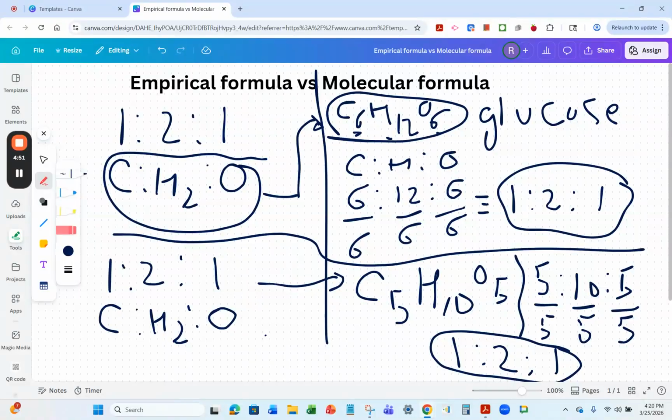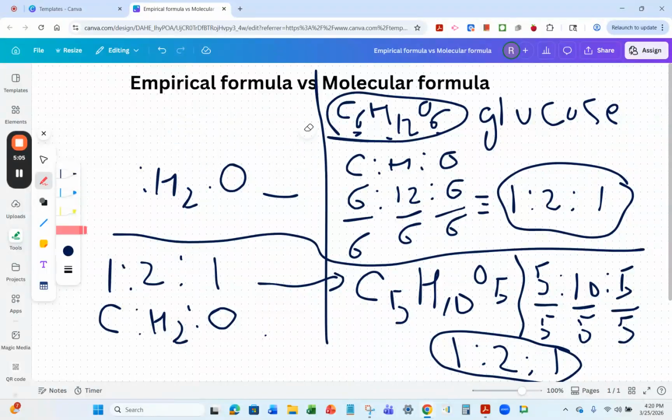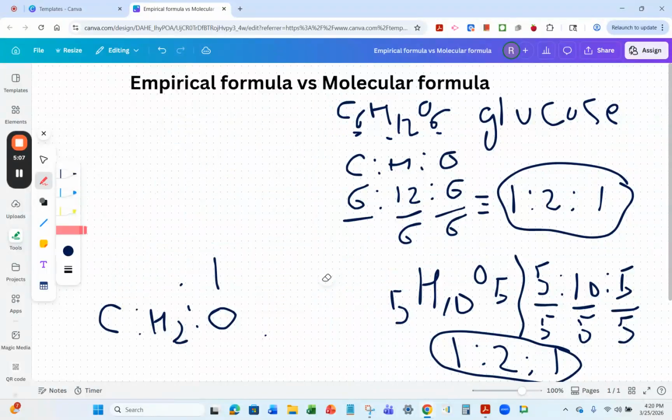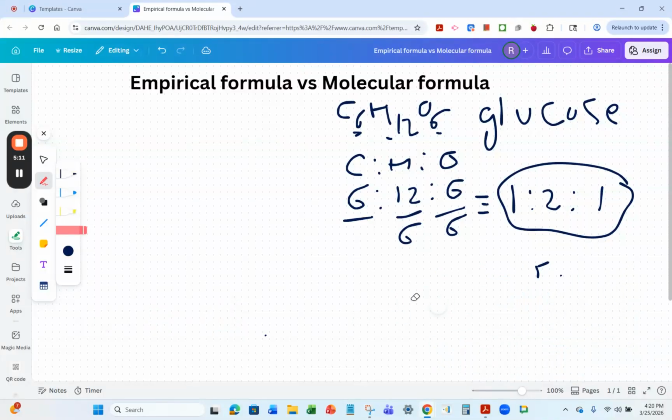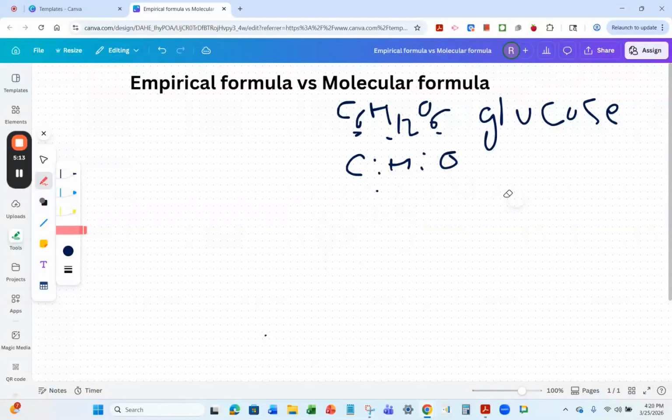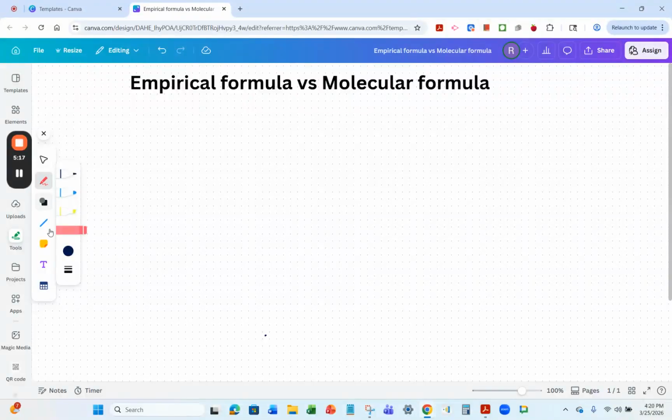So yes, it's possible, but the same empirical formula may or may not have the same molecular formula too. So just be very careful. Depending upon which level of the class you have, you will find the question based on your level, advanced, pre-AP or AP. So let me show you more examples just to clarify the difference between these two formulas.